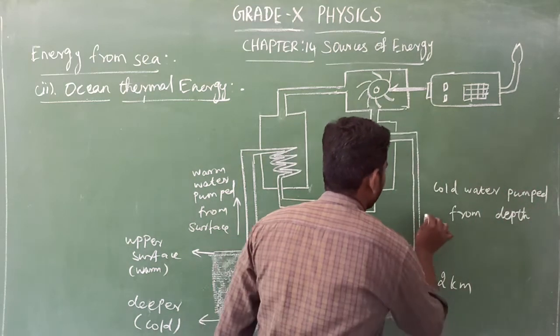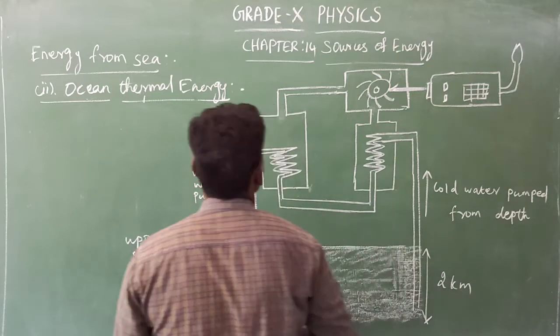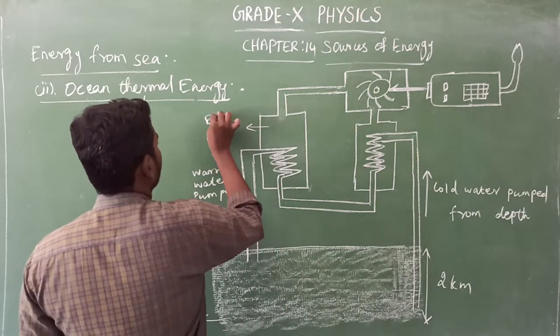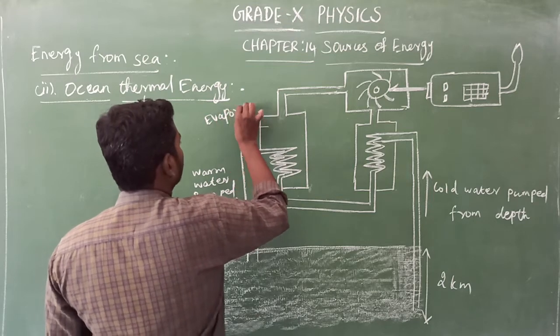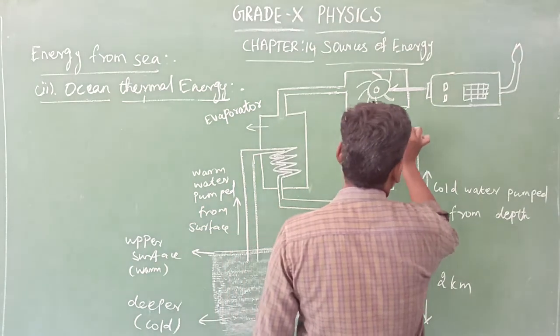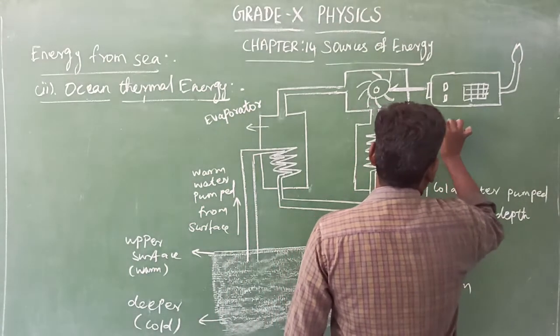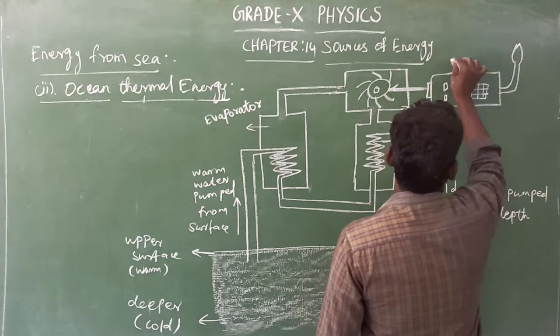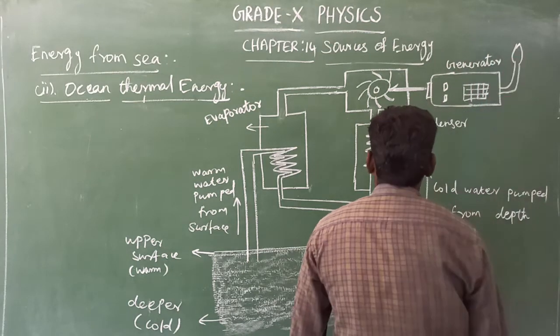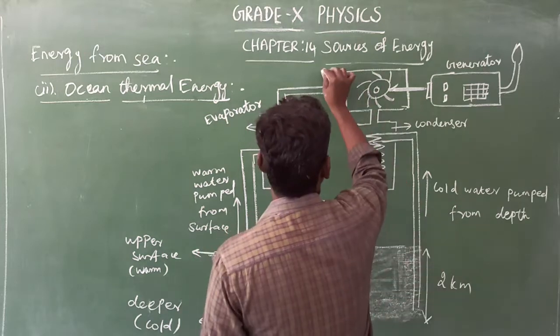Okay, here. This is the evaporator, and this one is a condenser, and this one the generator, and this one the turbine chamber.